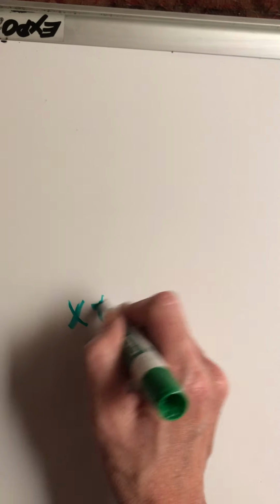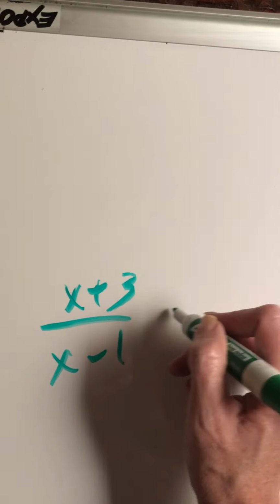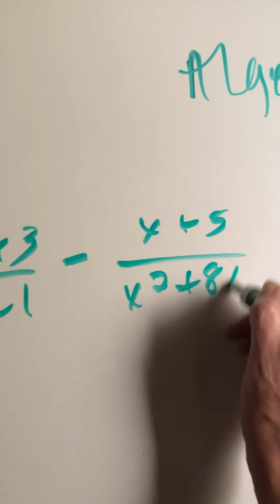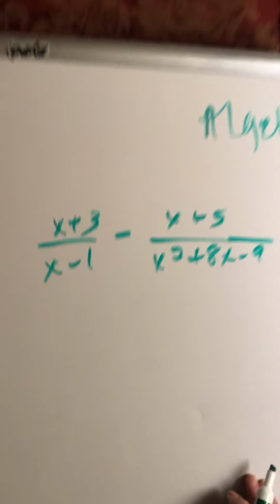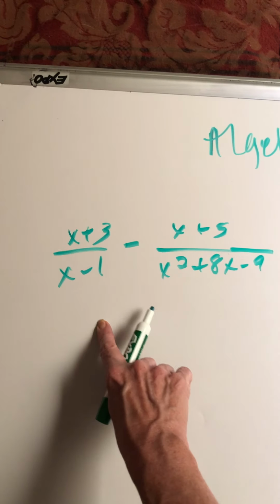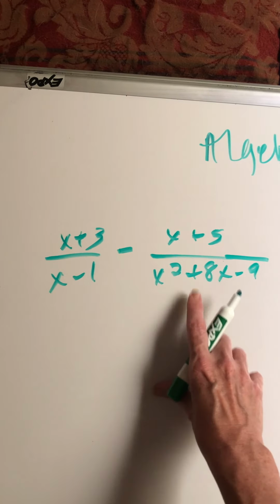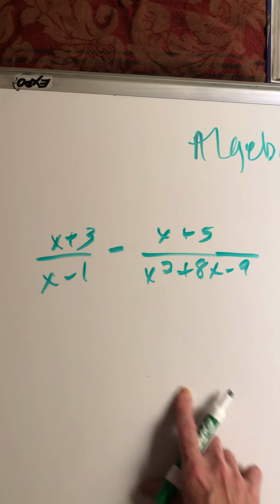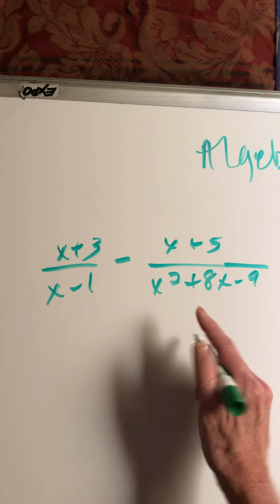So let's see. x plus 3 over x minus 1 minus x plus 5 over x squared plus 8x minus 9. So again, that one doesn't factor, this one does.